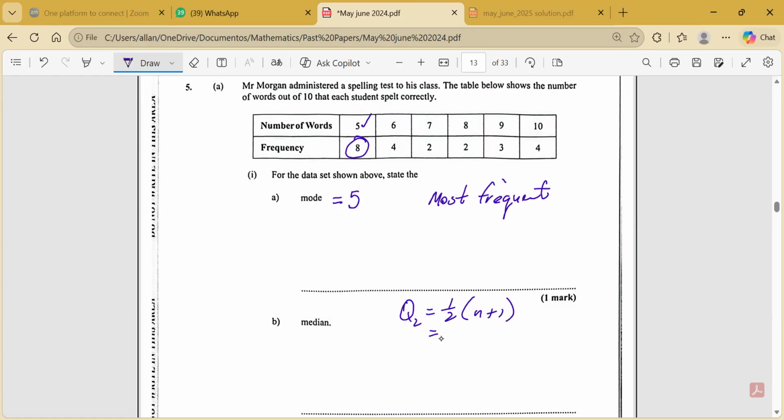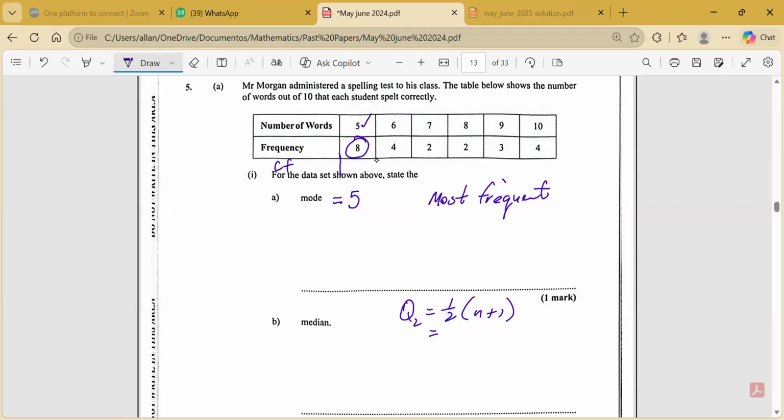So what I want you all to do for me, use the half n plus 1. Add them all up, total frequency, you'll get 23. And you're looking for the 12th rank. You're going to use your CF for another column.